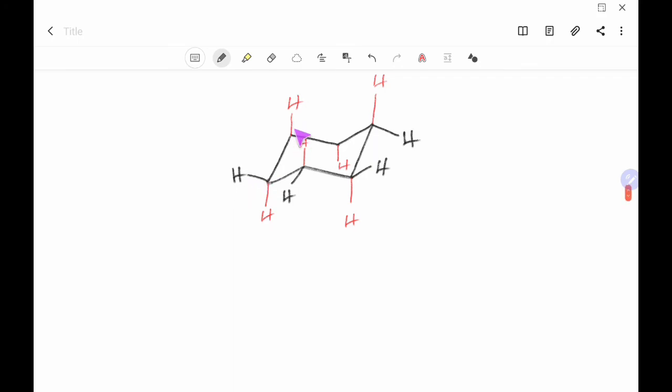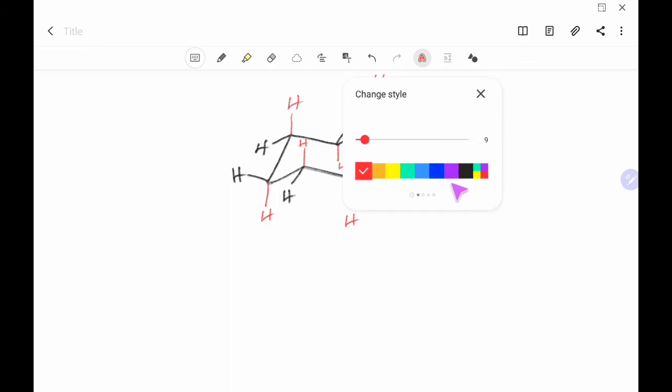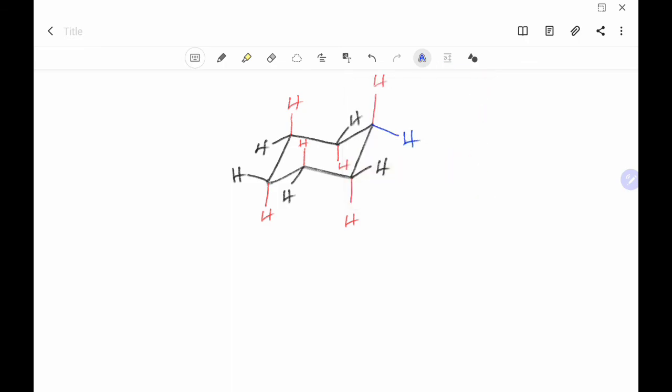This axial bond is going up, so the equatorial bond should be going down. This axial bond is going down, the equatorial bond should be going up. So let's color it differently. Let's use blue color. That is how you draw axial and equatorial hydrogens.